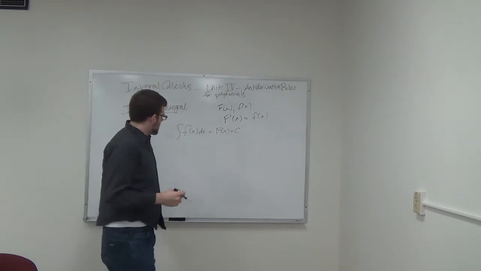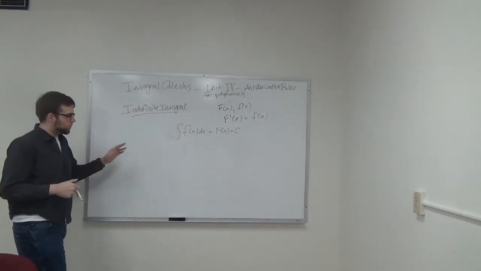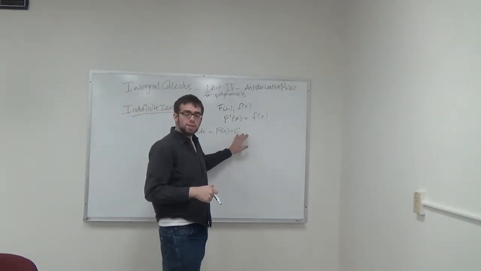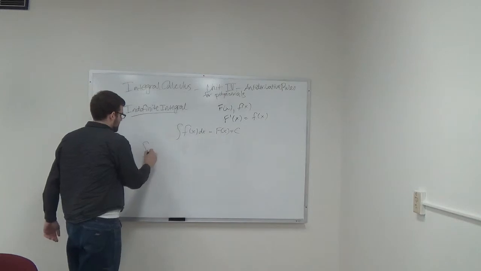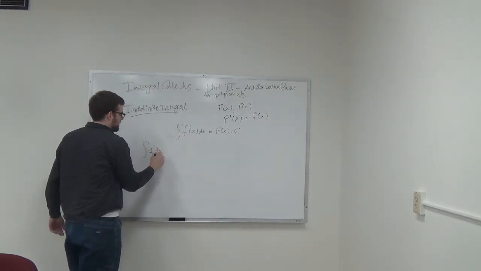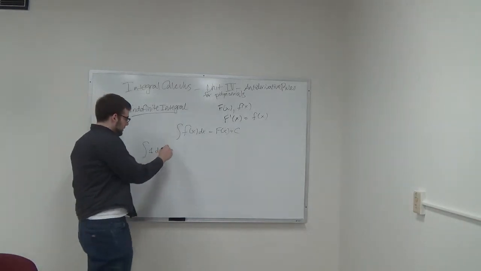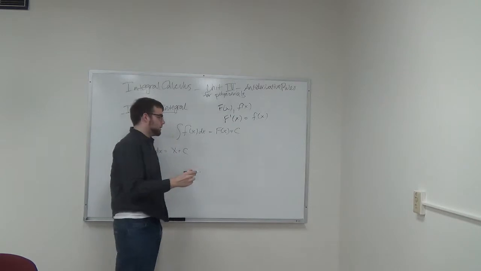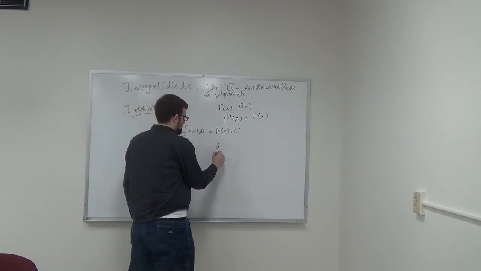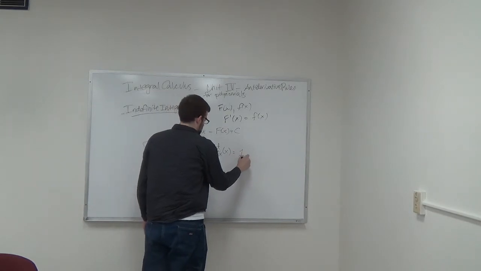So now, while we're taking the integral, we have a constant. We can see that from a simple example. If we take the integral of 1, we end up with x plus c, because if you remember from previous videos, d/dx of x is equal to 1.